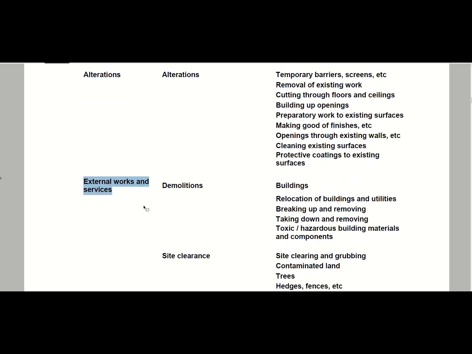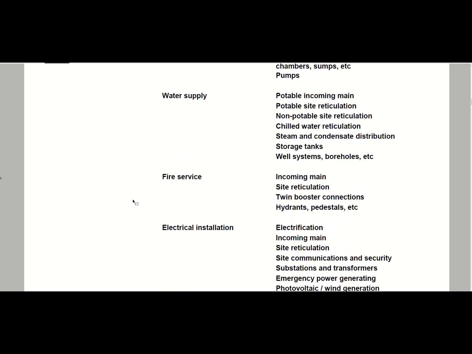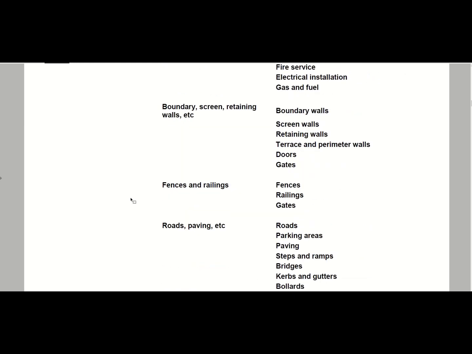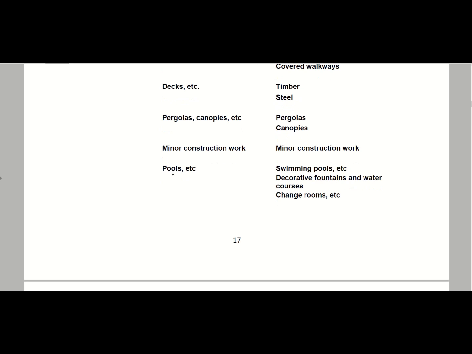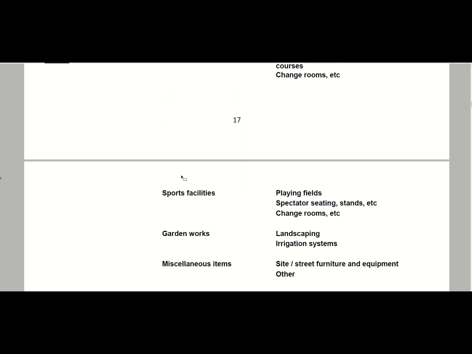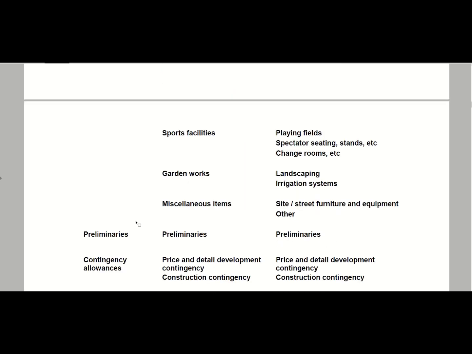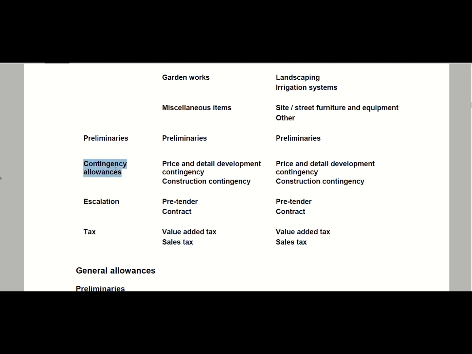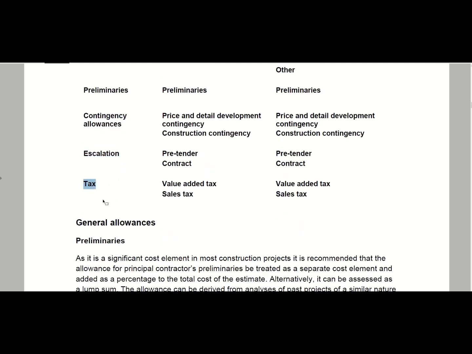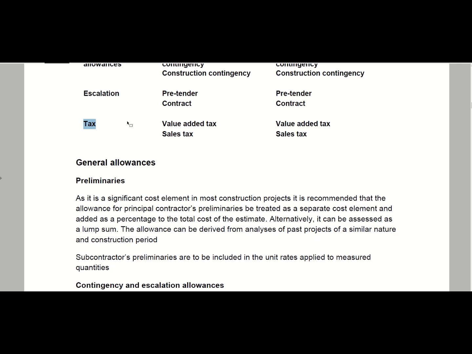Then you get your external works, and you can see there's quite a lot of external works like pools, minor construction works, etc., garden works. Then you get to your preliminaries, your contingency allowance, your escalation, your tax, etc.